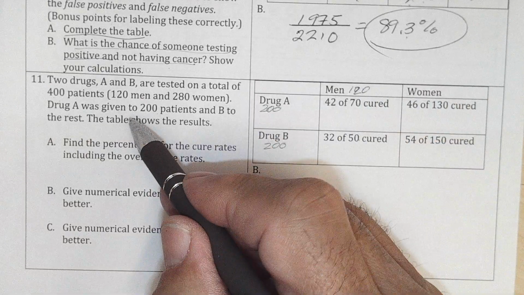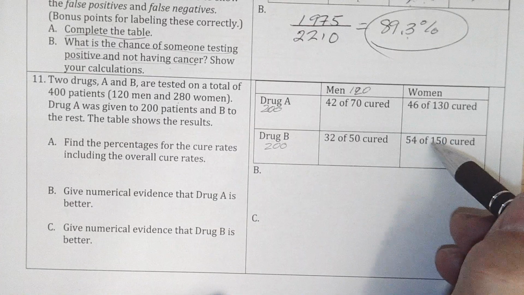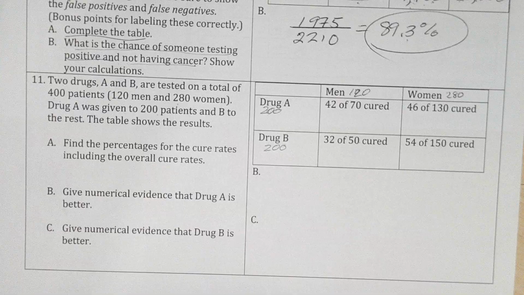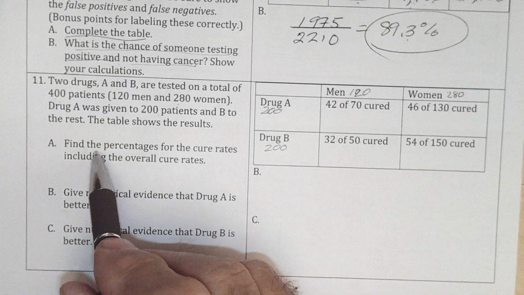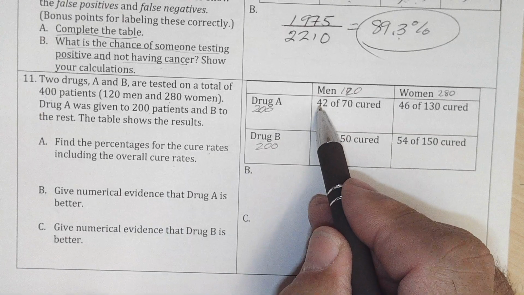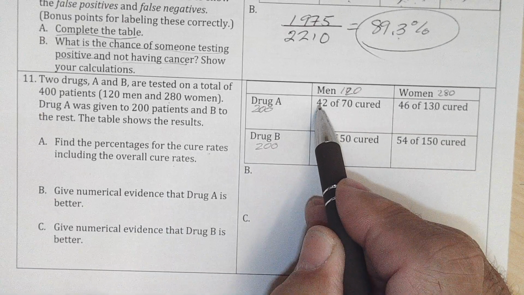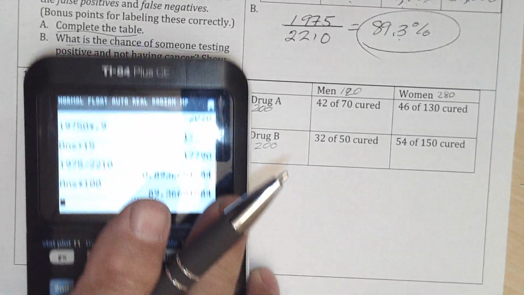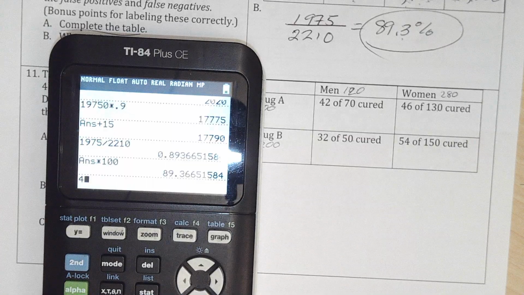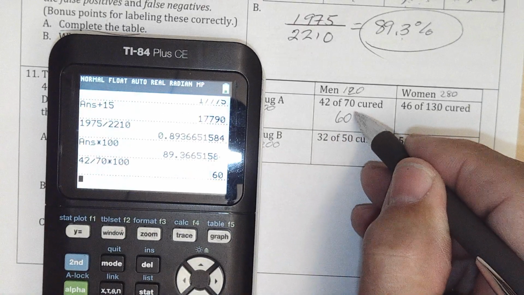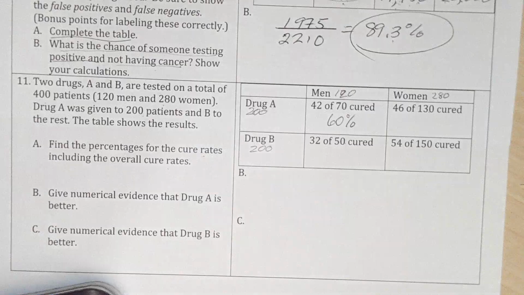And women, there was 280, which is 130 and 150, 280 total number of women. So, find the percentage of cure rates for each of these. 42 out of the 70 were cured for men. So, I go 42 divided by 70 times 100, and I get 60% are cured by drug A.